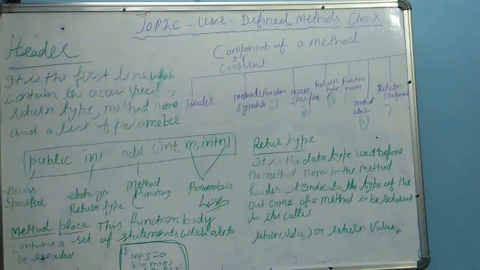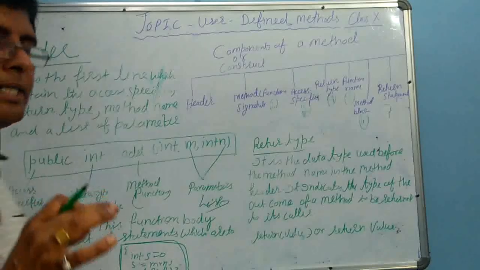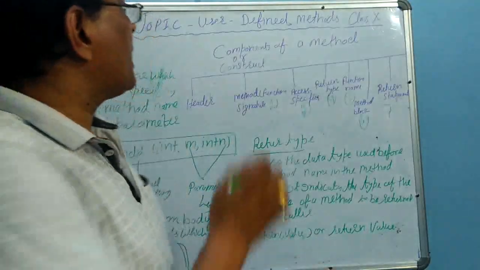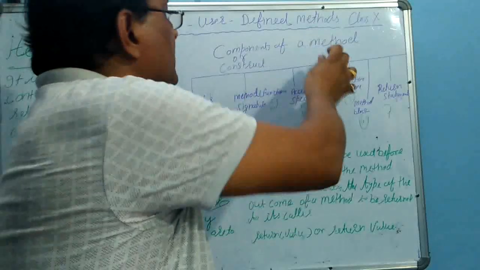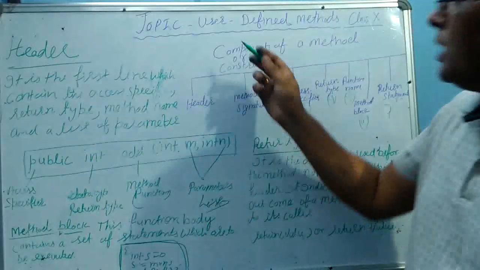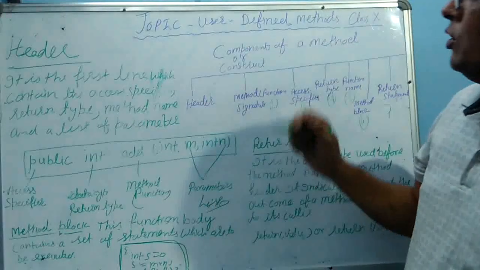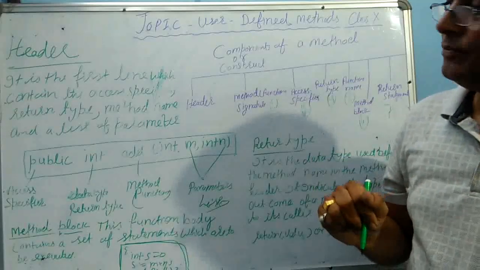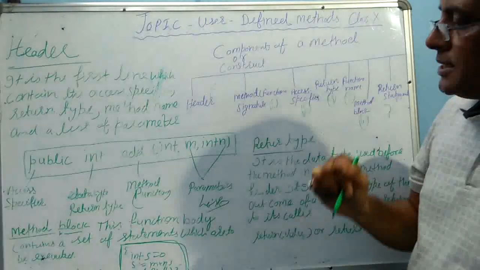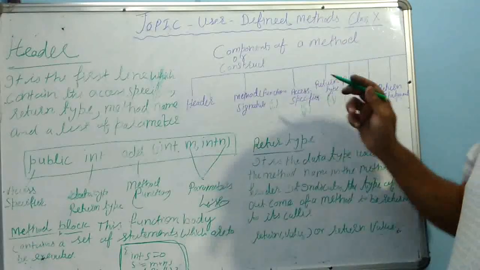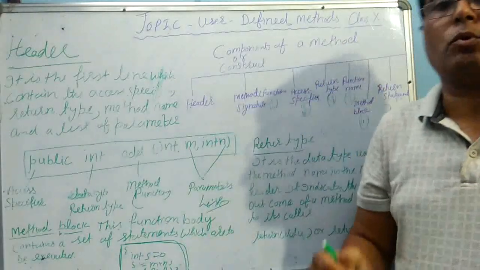I think all the students understand the components of a method. I have explained the different components, or you can say the constructs, of a method. Students, you have to use these components of the method inside your program.